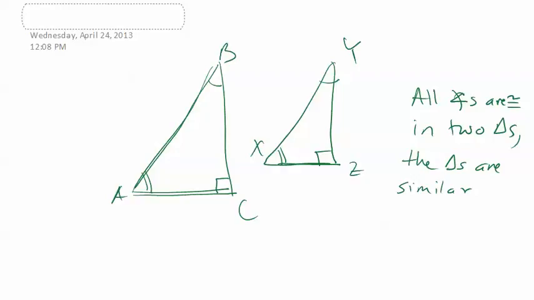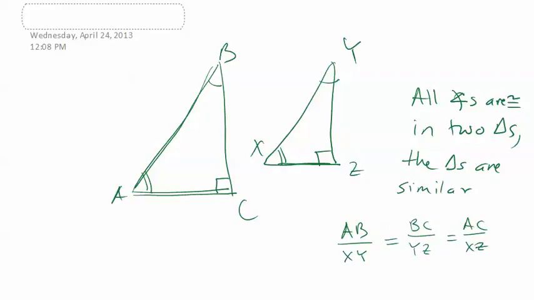And we learned in similar triangles that if all three angles are congruent, then the triangles are similar. So what does that mean about the sides? That means the sides are proportional. So AB is proportional to XY, and it also has the same proportion of BC to YZ, and AC to XZ.